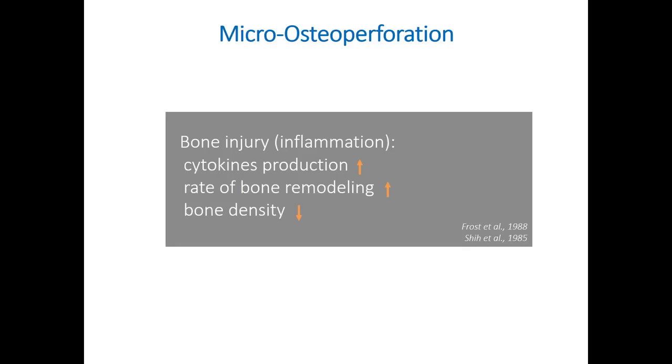What we learned early on was that if you injure the bone, which means produce an inflammatory reaction or a lot of inflammation, the cytokine production is the key ingredient. As the cytokine level goes up, the rate of bone remodeling increases and the bone density decreases. So in effect you're making the bone softer, and with the rate of bone remodeling increasing and the softness of the bone, you combine the two, and what you get is rapid tooth movement.